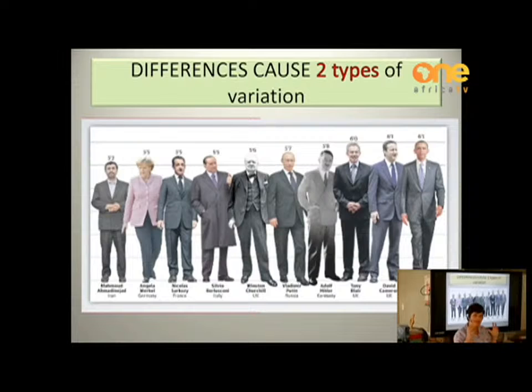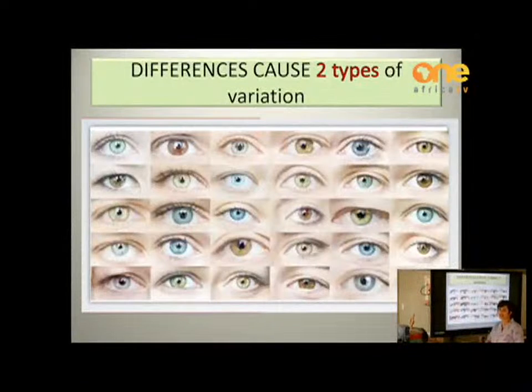Grade 5 feet are 12 centimeter, that's a distinct category. No distinct category for continuous variation. We also can have the same with eye color. We have a lot of different variations in eye color.